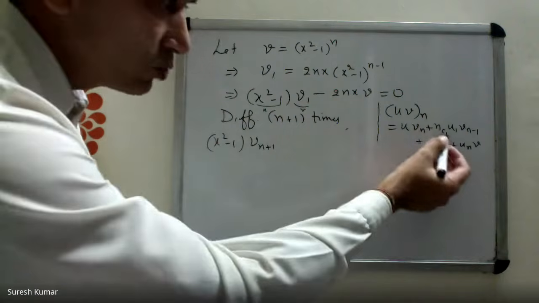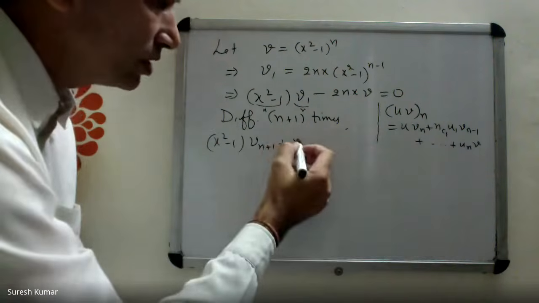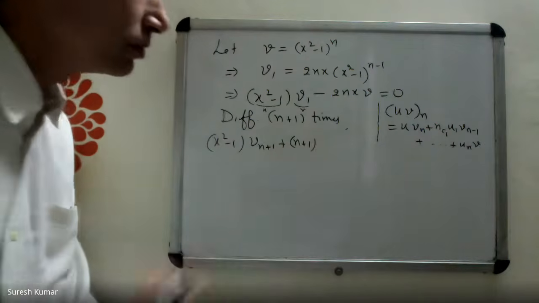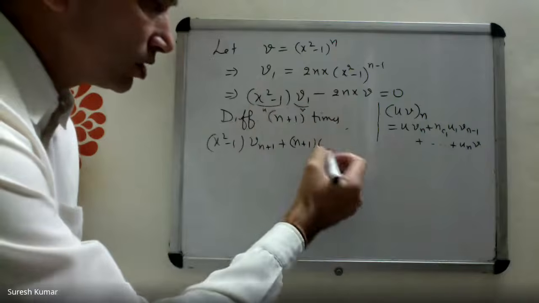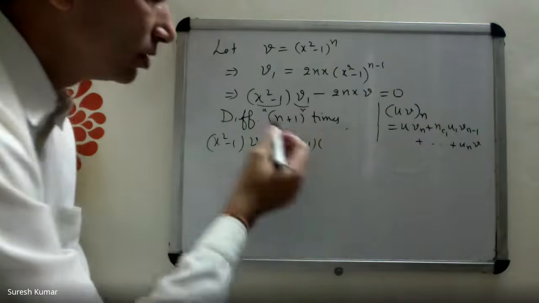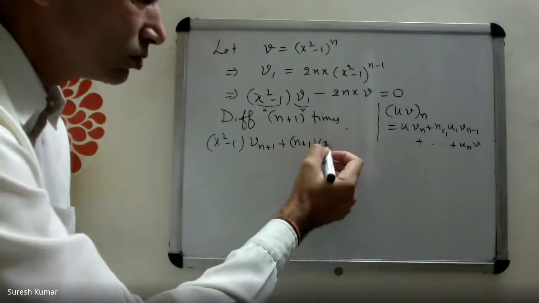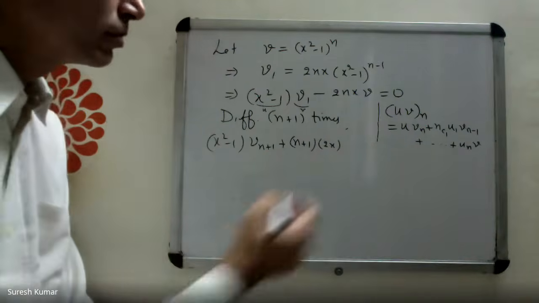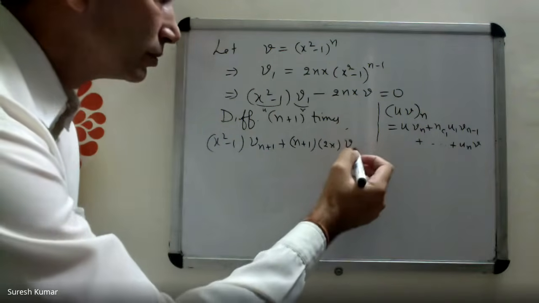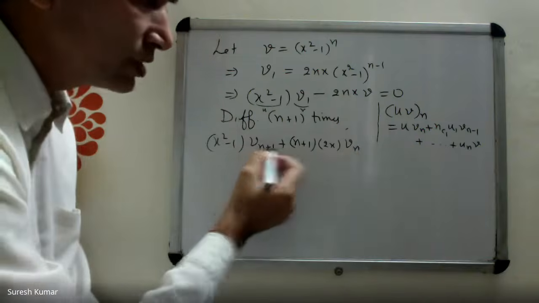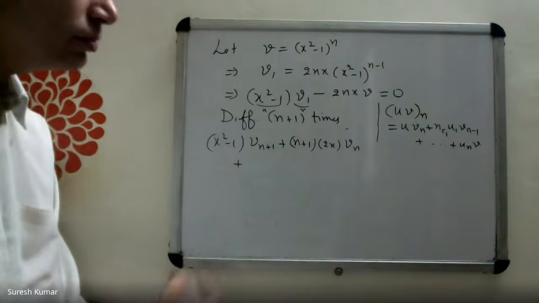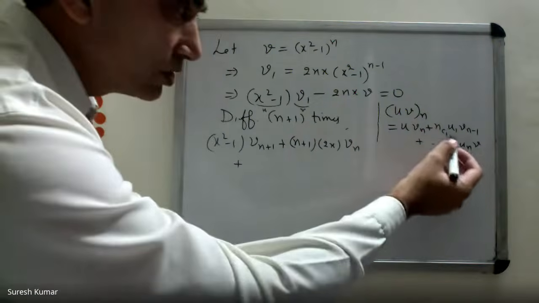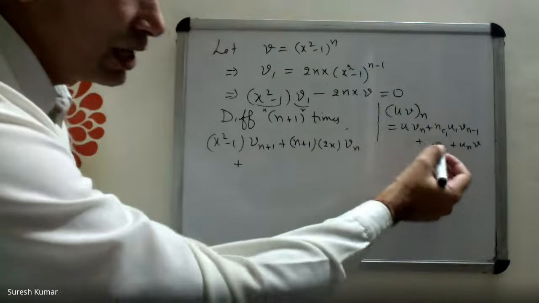Next, n plus 1 C1, which means n plus 1 only, times the derivative of x² − 1, u₁, which is 2x, then one derivative less, vₙ. Next term, n plus 1 C2.